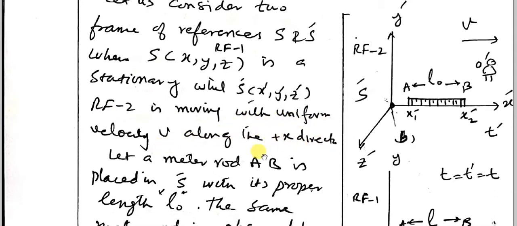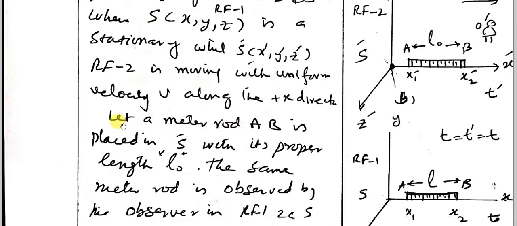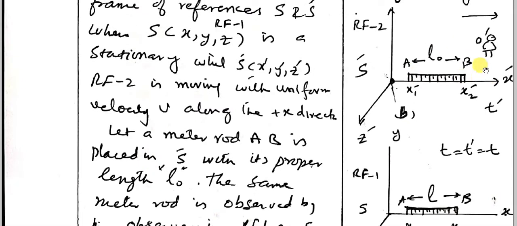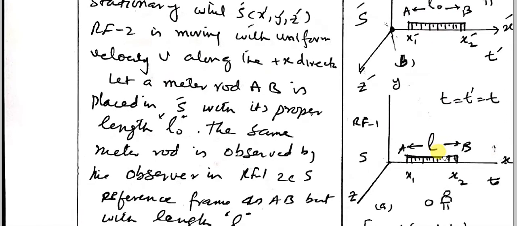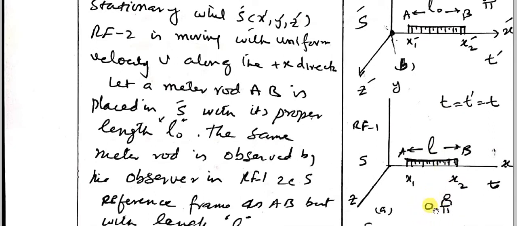Let a meter rod AB be placed in S prime. Here, this is the meter rod. Observer O prime observes the length to be L naught. This is the proper length. L is the length observed by the observer in the frame of reference S, which is stationary, while S prime is moving with constant velocity.